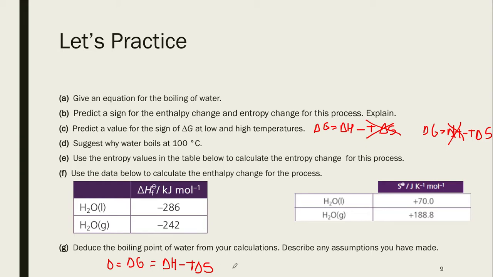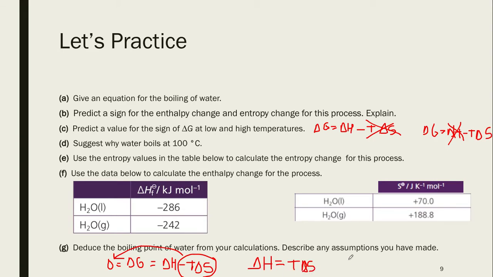So from this equation, if all of this is equal to 0, we can just add this to the other side and get delta H equals T delta S.